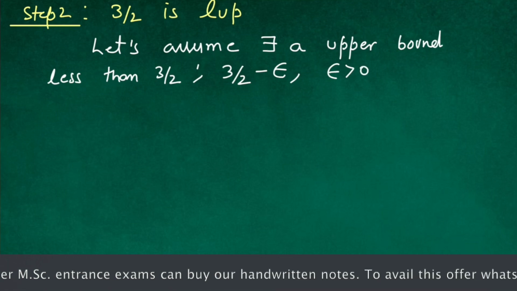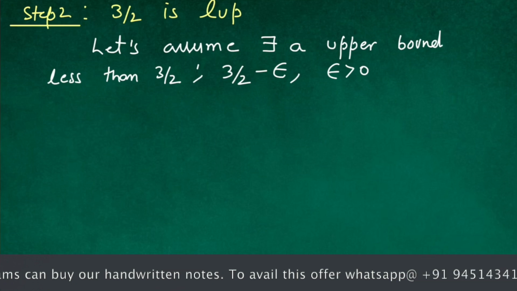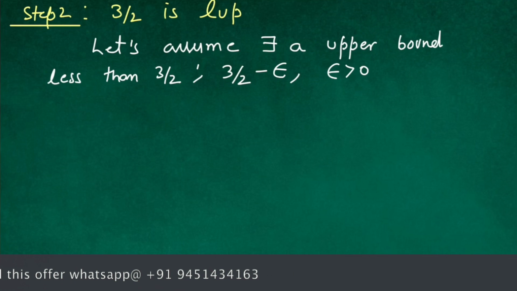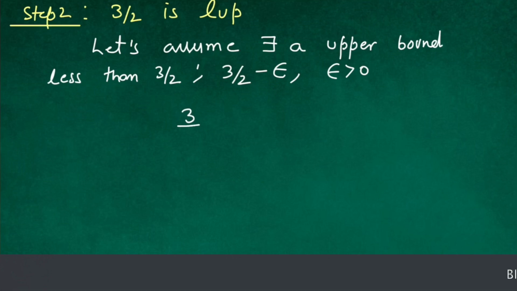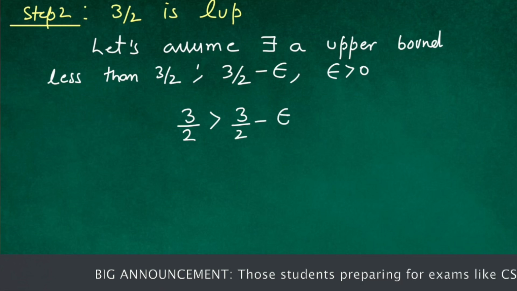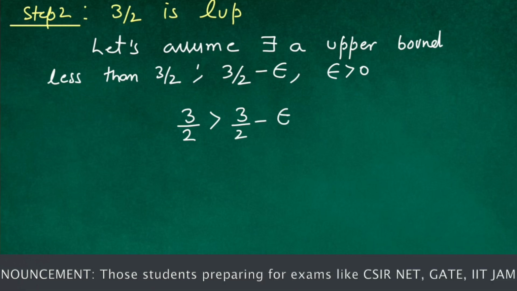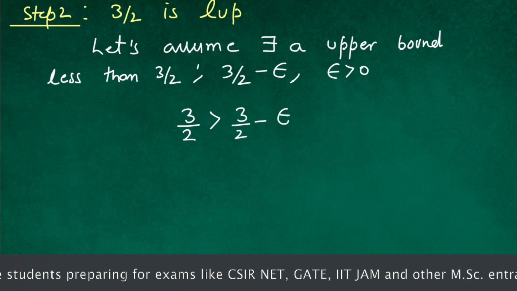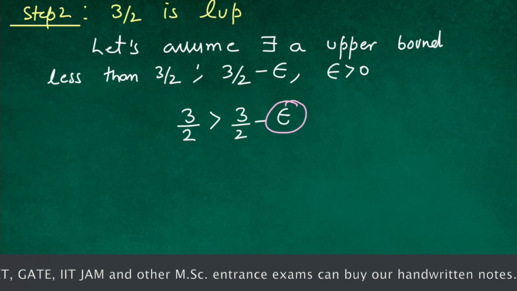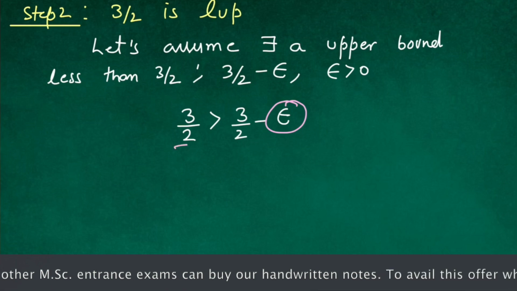I have assumed that 3 by 2 minus epsilon is an upper bound which is less than this 3 by 2. Now we can clearly write this as 3 by 2 is greater than 3 by 2 minus epsilon, right? Any confusion? Because when you subtract any positive quantity from some value, that value will always be less than the original value.